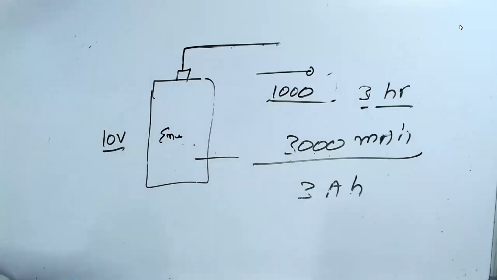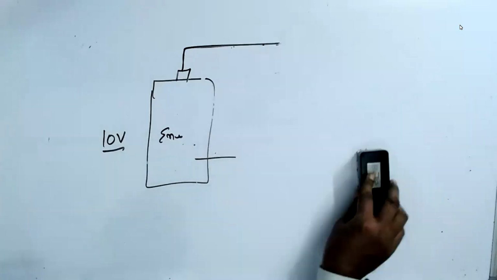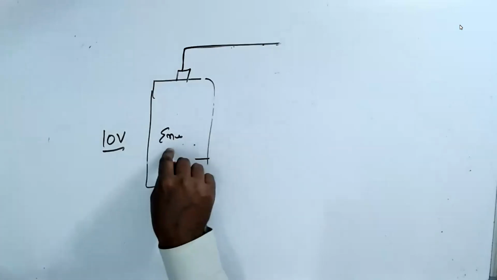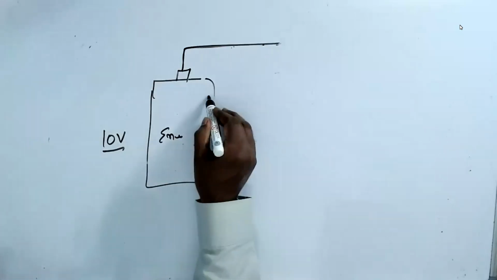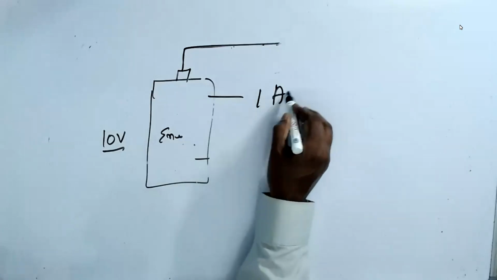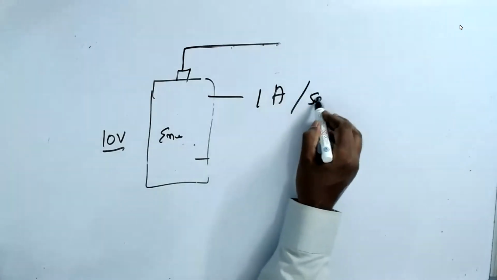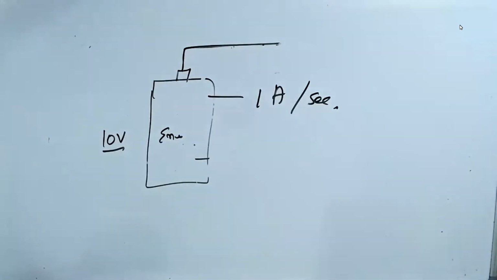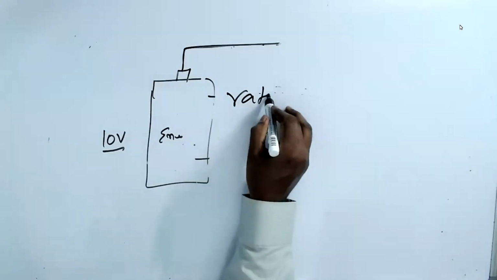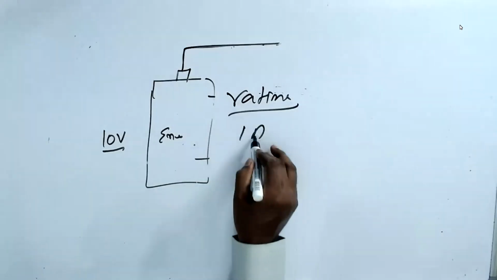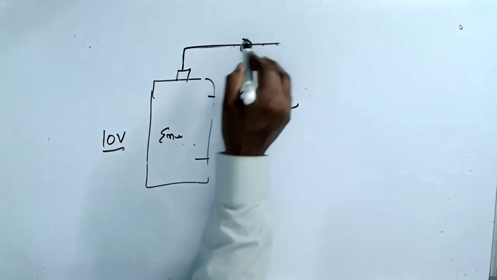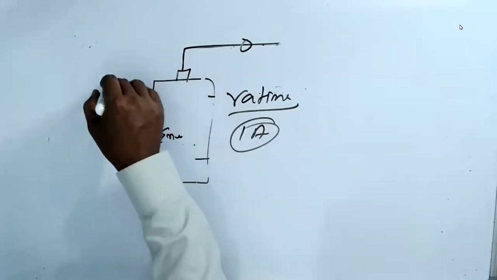That's the thing. Now, the trick here is that every battery manufacturer will tell you that you can draw maximum 1 ampere. That's it. Understand, the rating is 1 ampere. If you draw more than 1 ampere, this battery will burn.